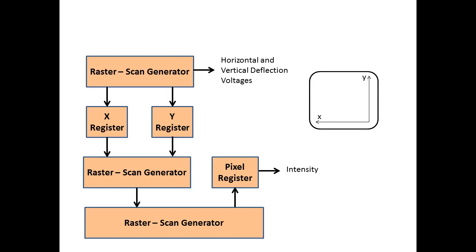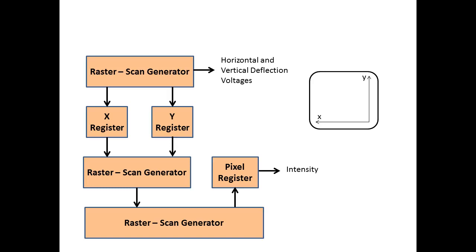Then the x register is incremented by 1 and the process repeated for the next pixel on the top scan line. This procedure is repeated for each pixel along the scan line.